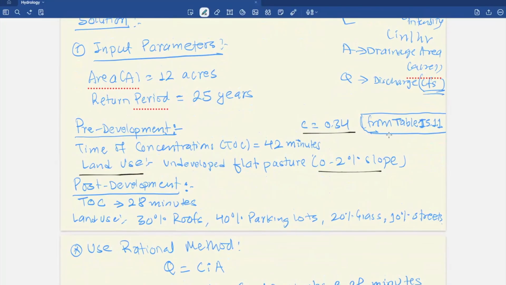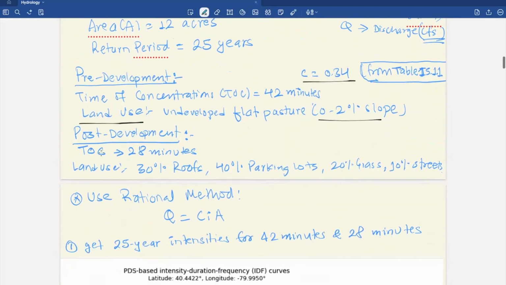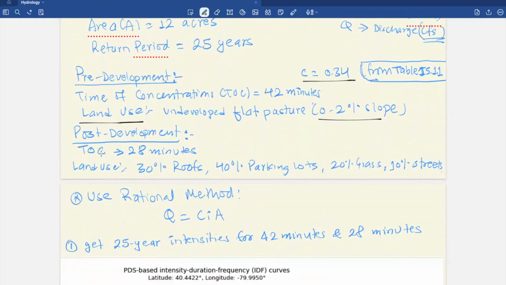It's from Table 15.1.1. Its time of concentration is 42 minutes, and the post-development time of concentration is 28 minutes.